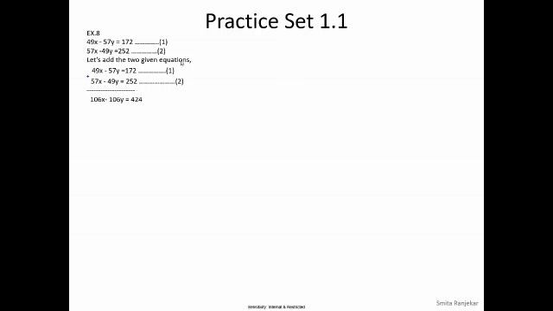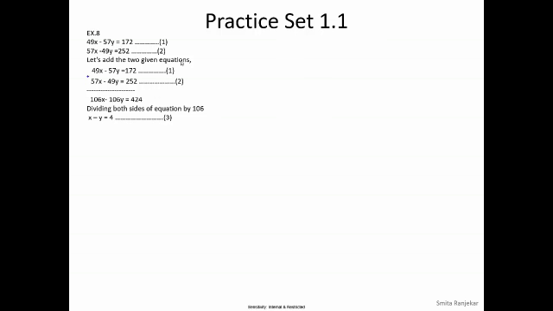Generally, when we get such equation, this equation is divisible by the coefficients of x and y. So, we are going to divide this equation completely by 106. So, we will get x minus y is equal to 4. This is our equation 3.